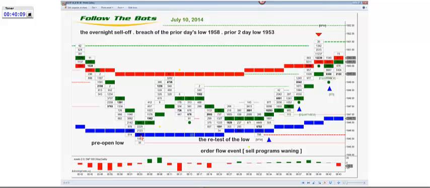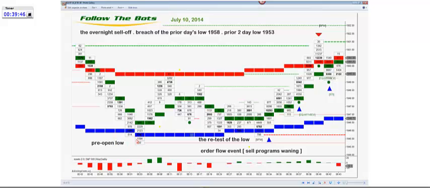And in combination with those, we now have a tool to assist us in deciding if the conditions are favorable for us to consider buying or selling. In this particular case, we're going to be discussing buying the low here this morning.